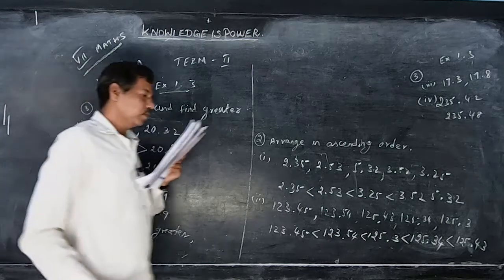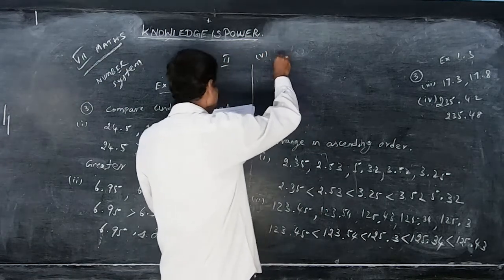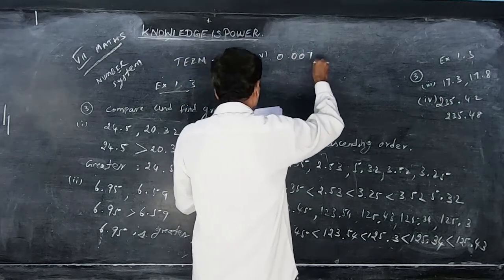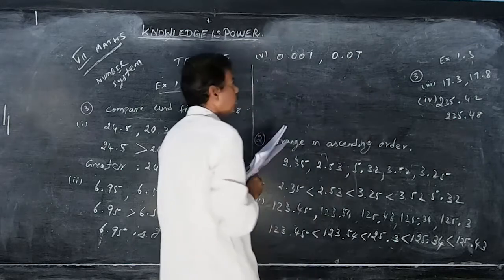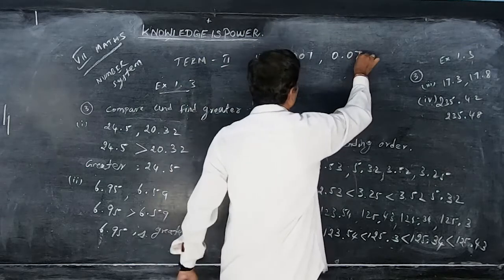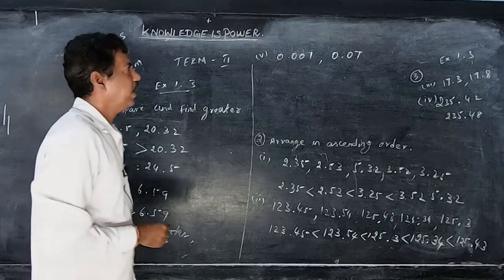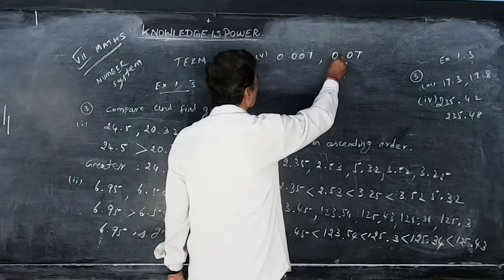Then now I am doing question number 5. 0.007, comma, 0.07. Now you find which one is greatest. First see that both are 0.